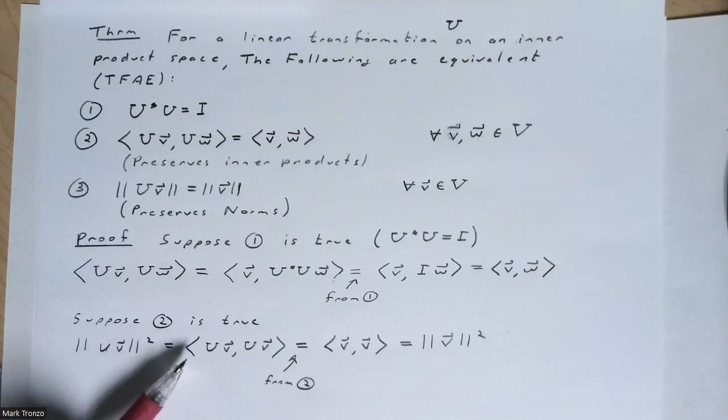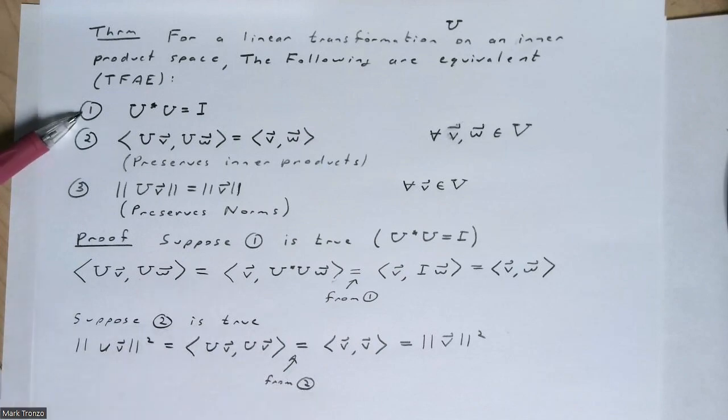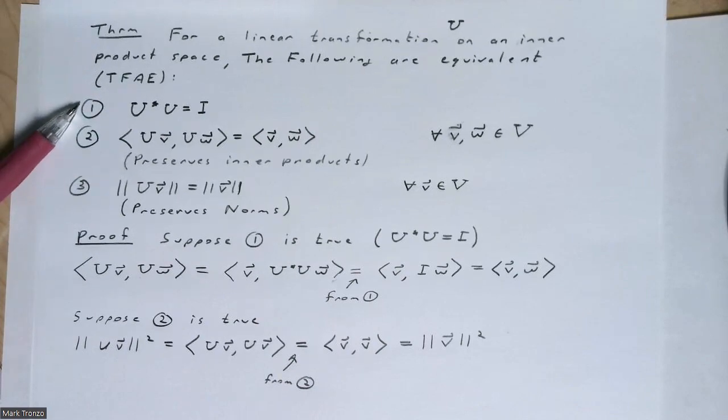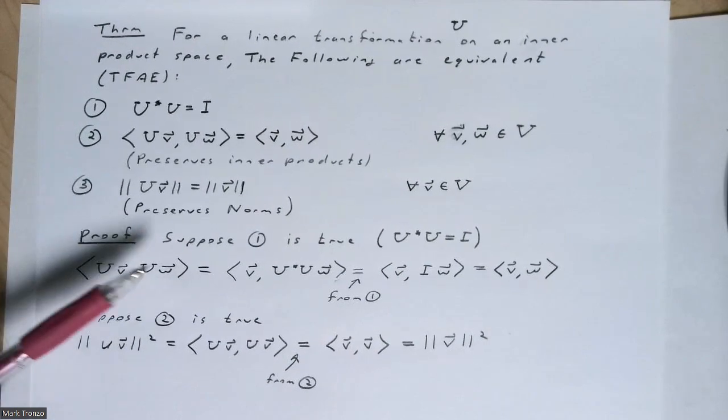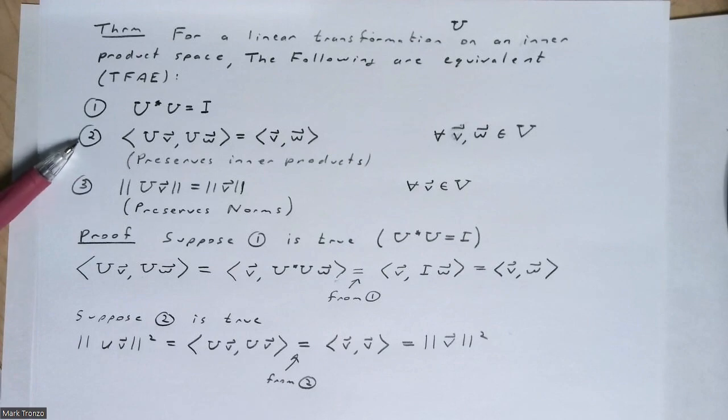And then now we've assumed 2 is true and gotten 3. So we've kind of started here. This implies this, and this implies this. So that means you can go from here to here. So once you know 1 is true, you have 2 and 3 to be true from this. Or if you know 2 is true, you have that 3 is true.